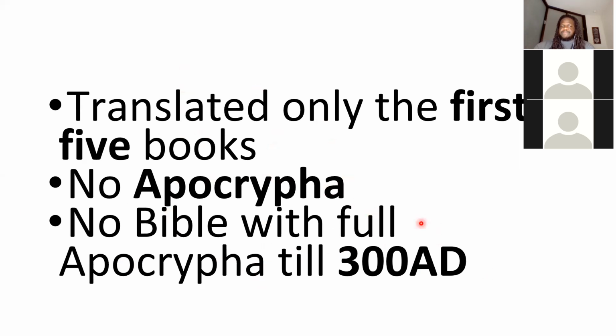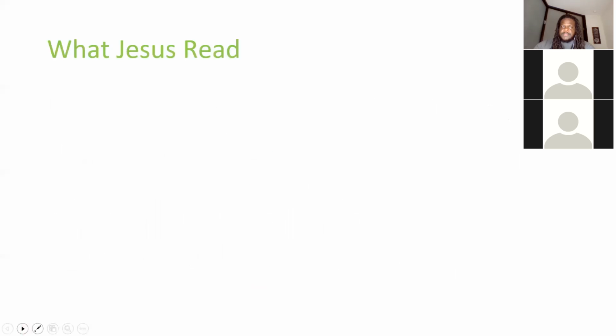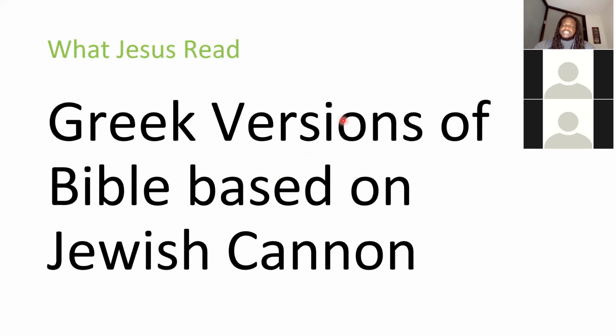So the point I'm trying to make is that what Jesus is reading is not a full Septuagint like we see nowadays with those extra Apocrypha books. What Jesus is reading is simply the Greek version of the Bible based on the Jewish canon. So originally, the Septuagint meant something different to Jesus than it would to us.